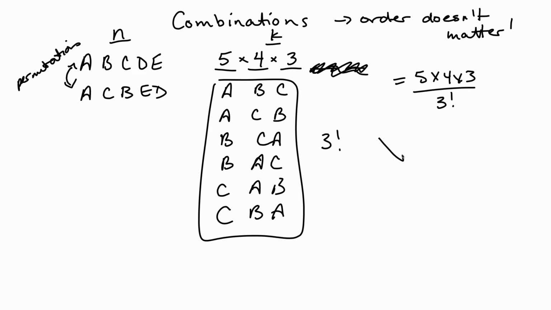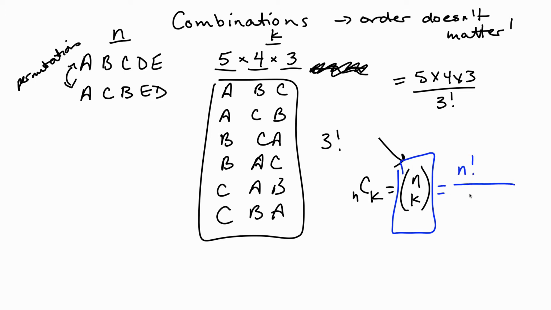And I'm going to skip straight to the general case, where n choose k is also written most of the time like this. That's how you'll see n choose k written. And it's the familiar formula for permutations with an additional division by k factorial. Right, because in this example, n was 5 and k was 3.